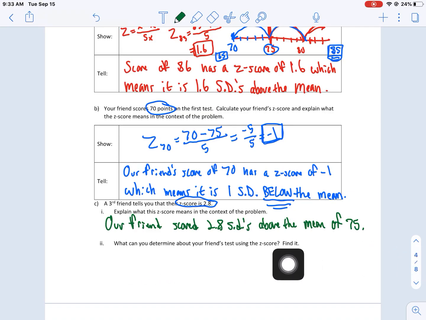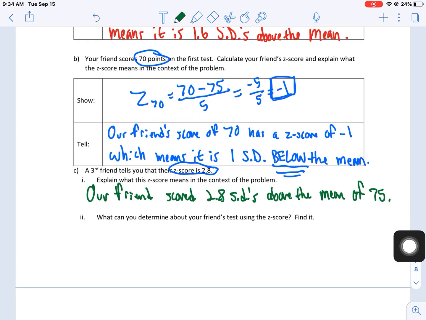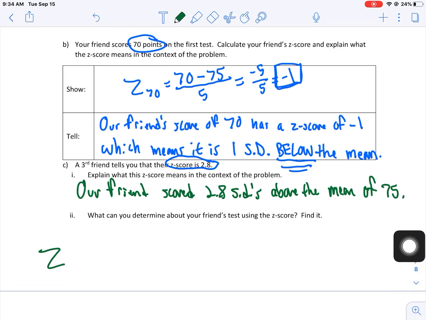The last one here, can you determine your friend's test using the z-score? I think the question was supposed to say, can we determine our friend's score using his z-score? And we can actually figure out that value just by, again, using the formula.